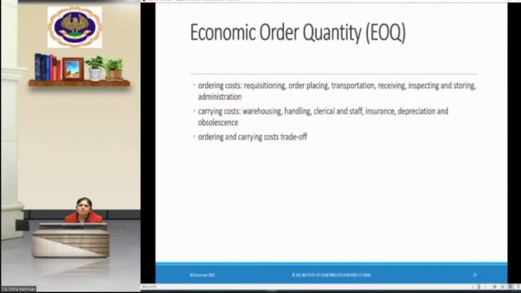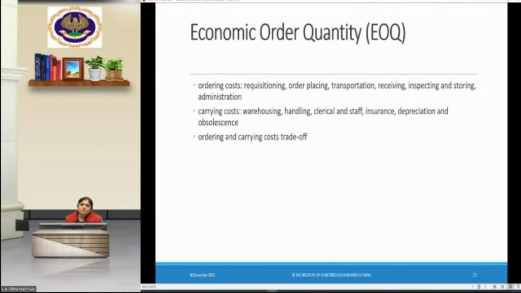Okay, now comes economic order quantity. Economic order quantity is a reorder quantity. See, the levels of stock, the reorder, maximum, minimum, average, tell you when to purchase. The reorder level tells you when to place the next order.